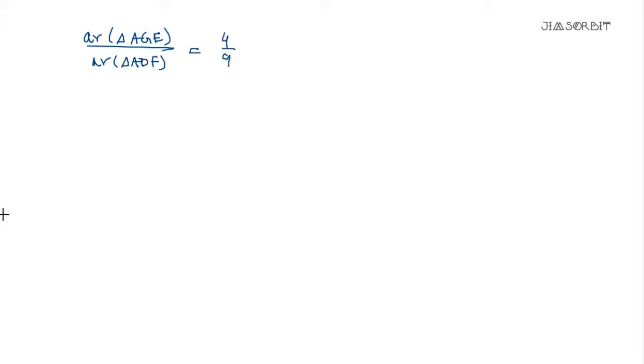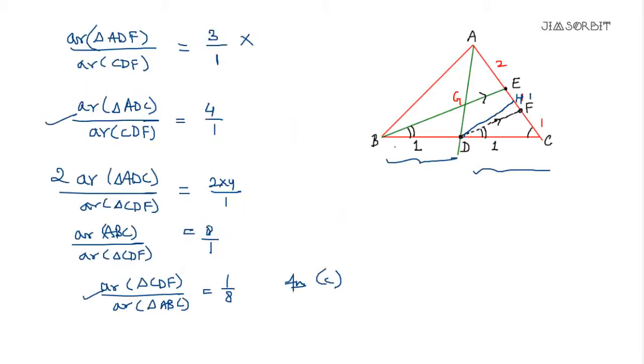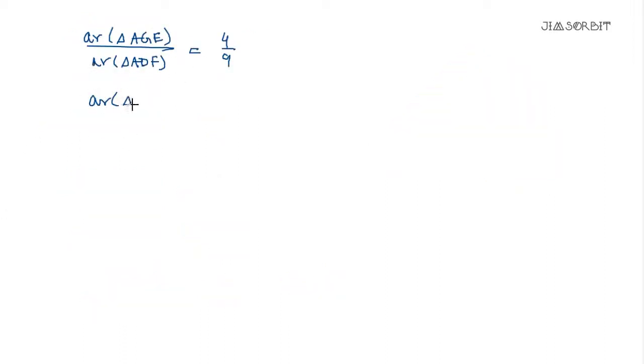It was equal to 4 by 9. Now we are going to define ADF upon something. We have found it. So I'm writing this one which I crossed: ADF upon CDF is 3 by 1. So we have found this ADF upon CDF.